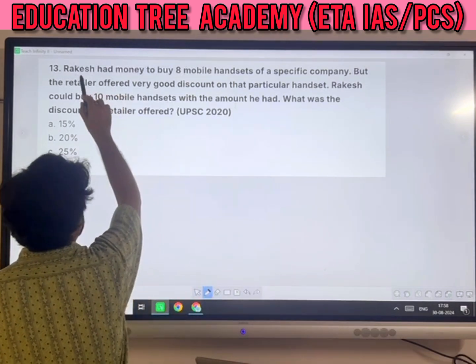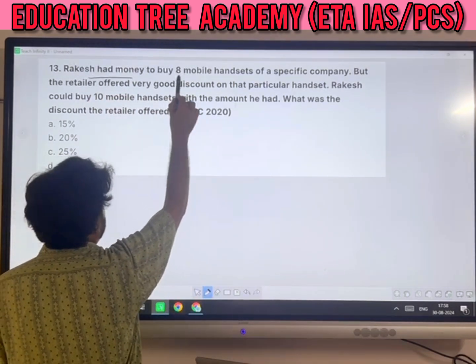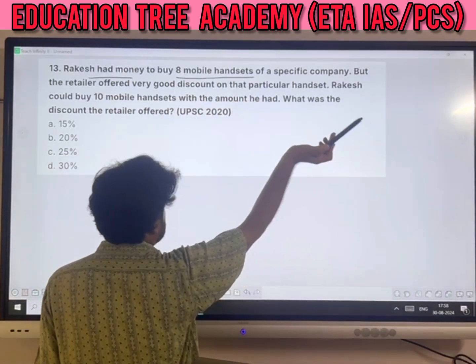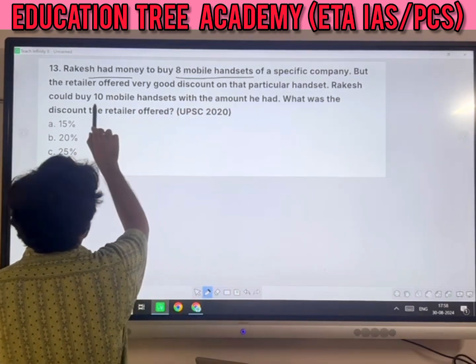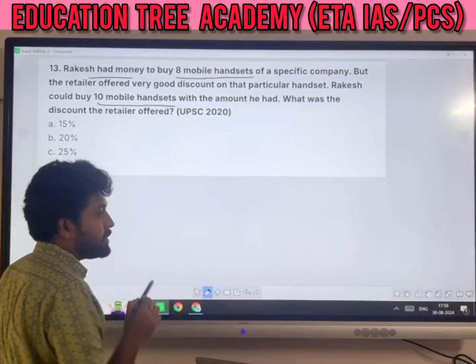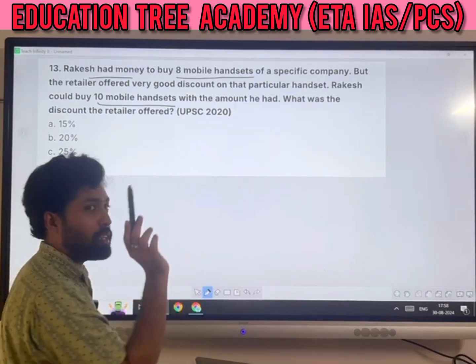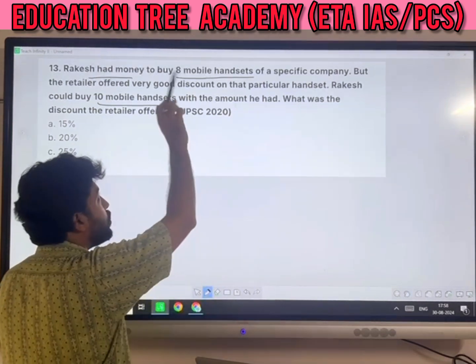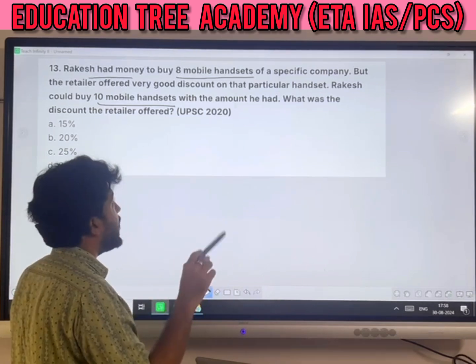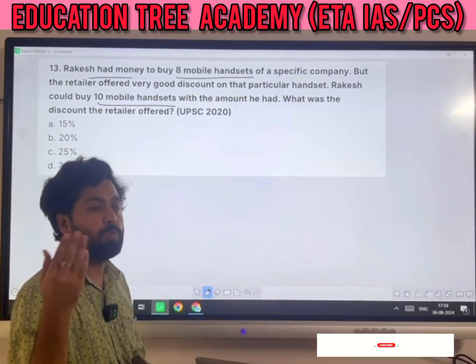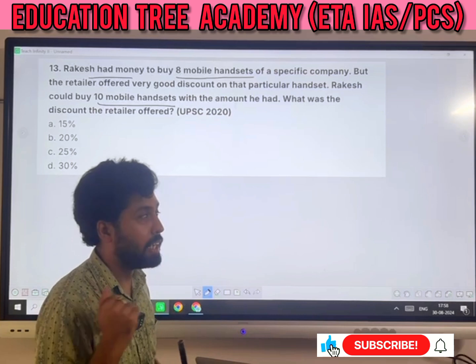So first we are given that Rakesh had enough money to buy 8 mobile handsets, but the retailer offered good discount, so Rakesh could buy 10 mobile handsets, right? So he had the money initially to buy only 8 mobile handsets, but now after the discount he has the same money but he can buy 2 more handsets, which is now 10 handsets.